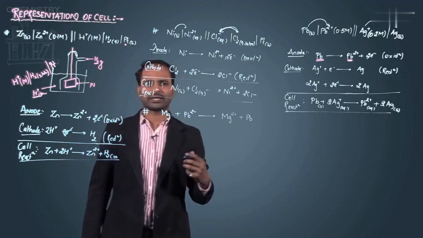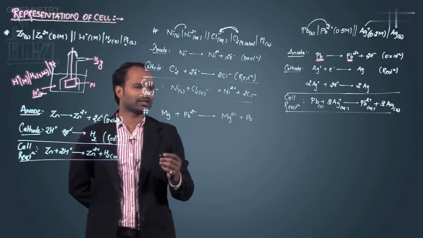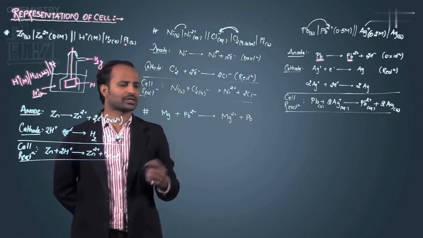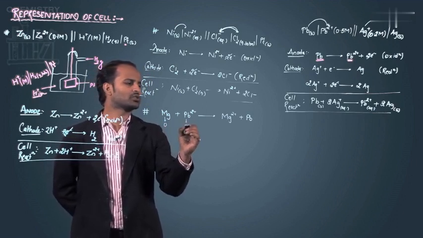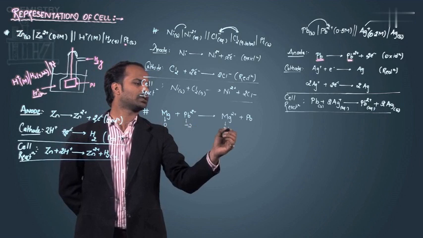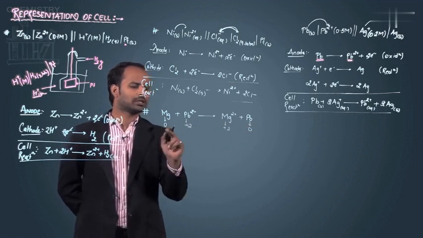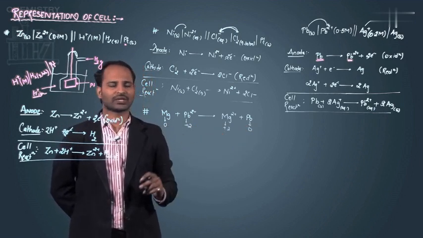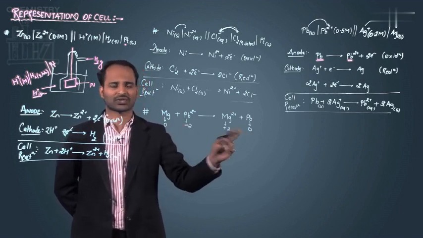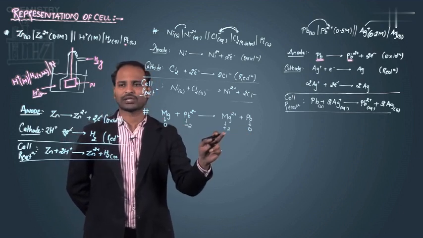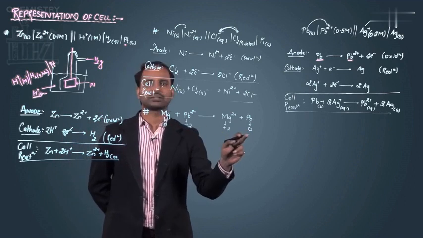Then how to write the cell representation? Then simply I will say just find out which is undergoing oxidation and which is undergoing reduction. Then I will say this is 0, this is plus 2 and this is plus 2 and this is 0. Then this magnesium undergoes oxidation, there is an increase in oxidation number, and this undergoes reduction. So since this undergoes oxidation, that is an anode and this will act as a cathode.